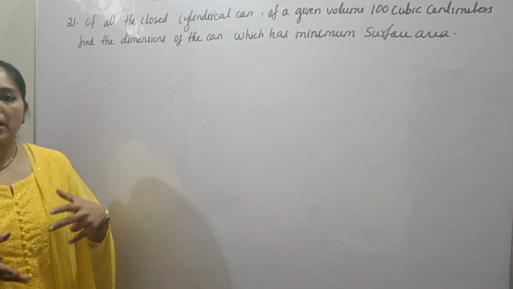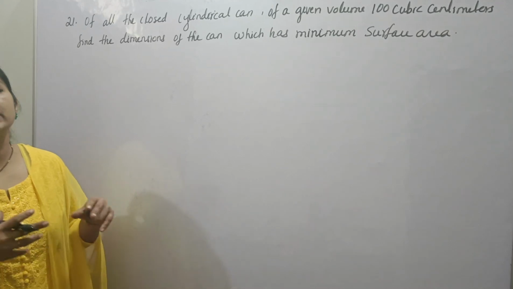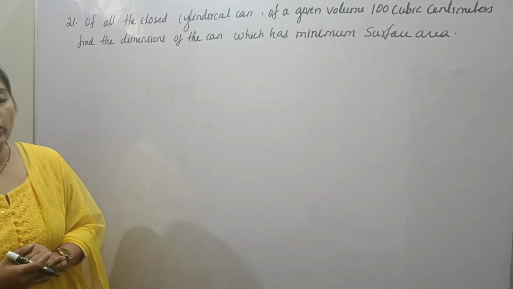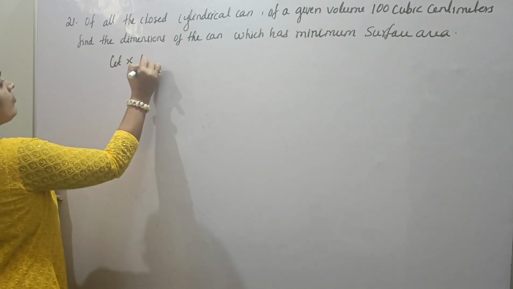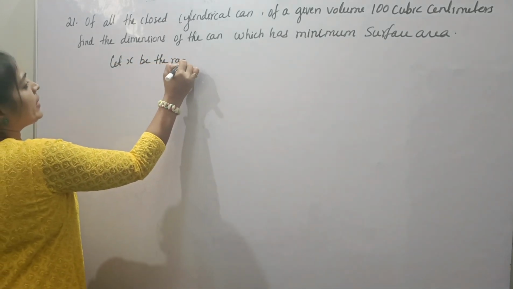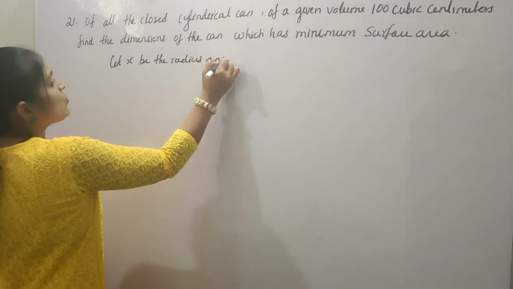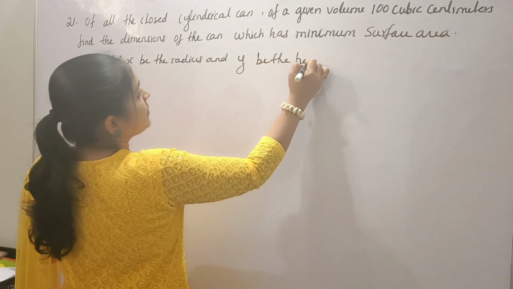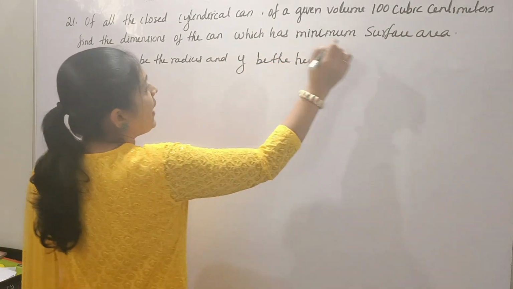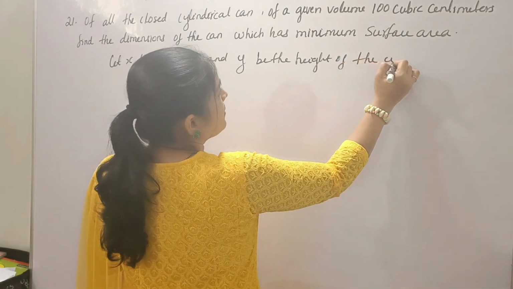That is, dimension means we have to find the radius and height of the cylinder. Okay, so let x be the radius and y be the height of the cylinder.